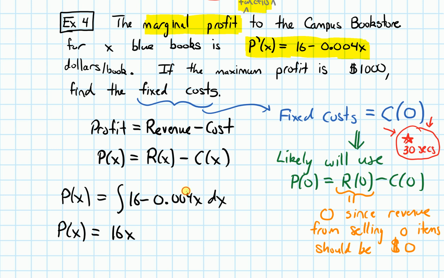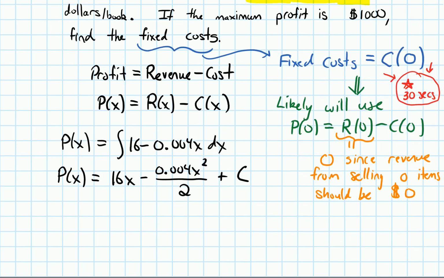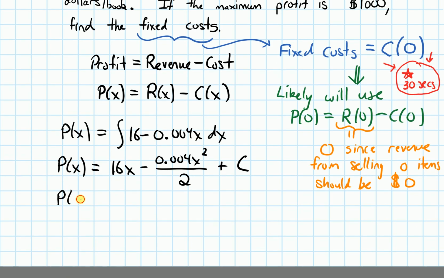And if we use the reverse power rule in the next term, we get minus 0.004x squared divided by that new power, divided by 2. And then I have to put a plus c. Simplifying this, we get P of X equals 16x minus 0.002x squared plus c.